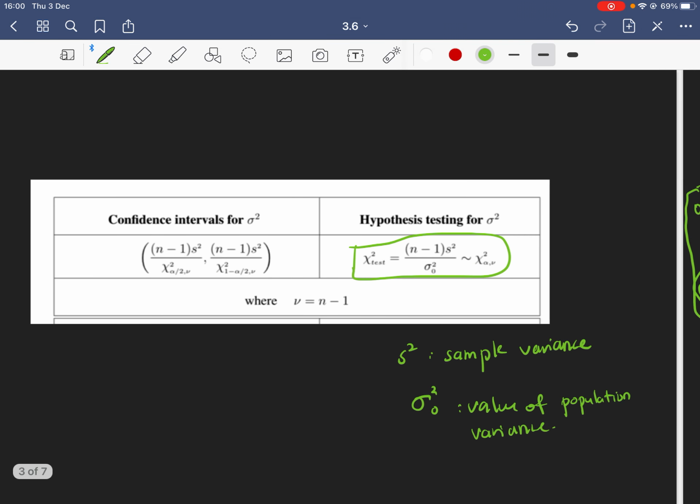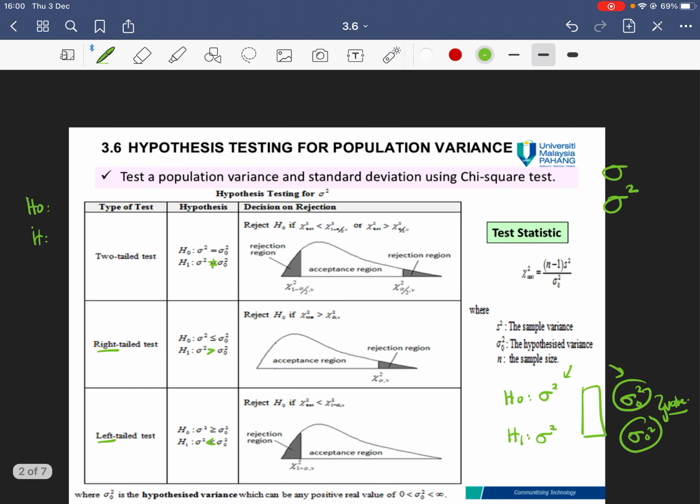Look at here for the hypothesis testing of sigma. For the two-tail case, the left hand side is chi-square 1 minus alpha over 2, nu, and the right hand side is chi-square alpha over 2, nu.